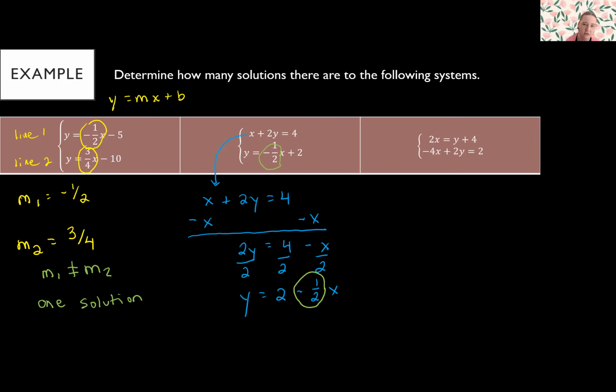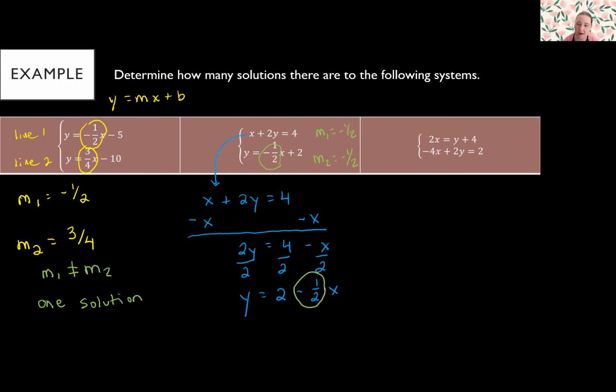We also have a slope of -1/2 in our second equation. So these have the same slope. If they have the same slope, then we have to look at the y-intercepts, because we're either going to have infinite solutions or no solution.